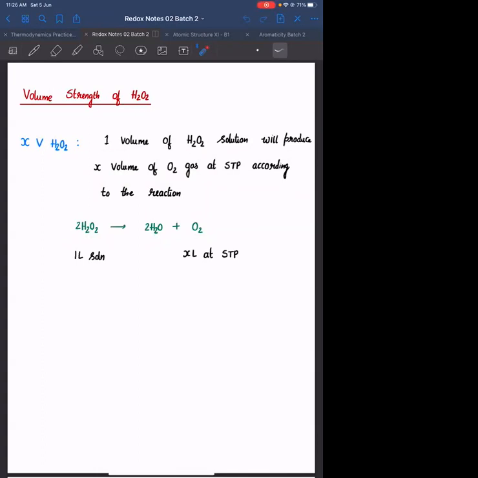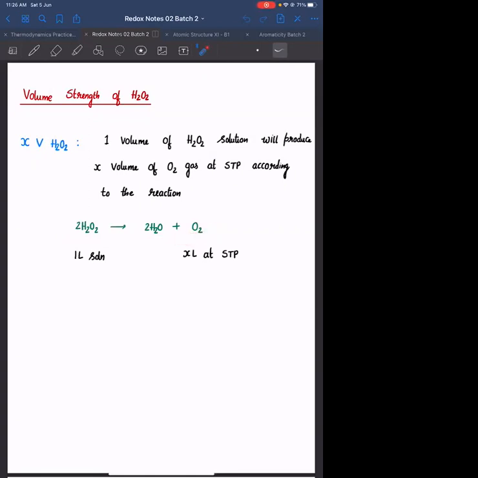Is this clear? As per the definition, suppose I'm taking 10 volume H2O2, इसका मतलब क्या है? If I'm taking 1 liter solution of it, if I do this reaction, H2O2 gives rise to H2O plus O2, it will be liberating 10 liters of O2. Okay.